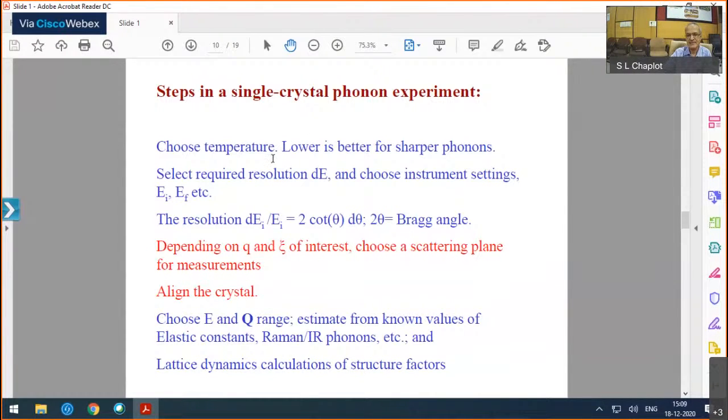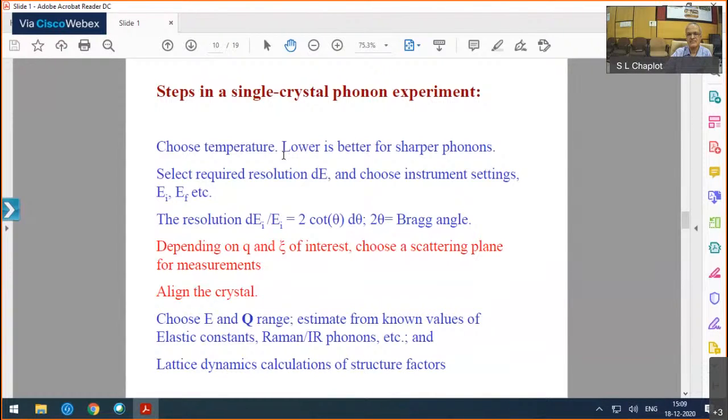Again, how much is low enough? Typically, you know what the Debye temperature of the material is. Debye temperature typically gives you the average frequency in a solid, and correspondingly you have a Debye energy, h-bar omega, omega being the Debye frequency.